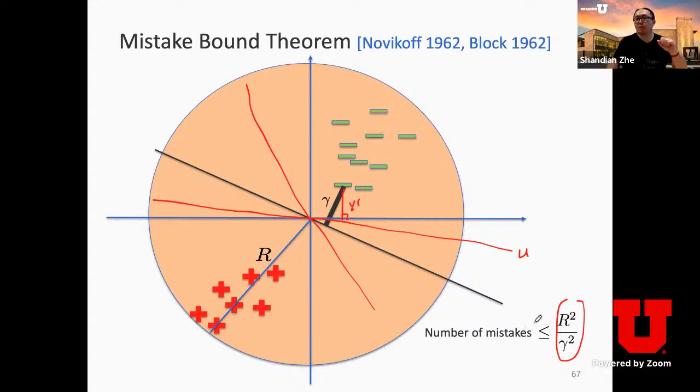So this bound is really a loose upper bound. In practice, the number of mistakes made by perceptrons can be much smaller than this bound. What it implies is that this upper bound is finite, which just guarantees that after a finite number of updates or prediction mistakes, the perceptron will give you a separating hyperplane.